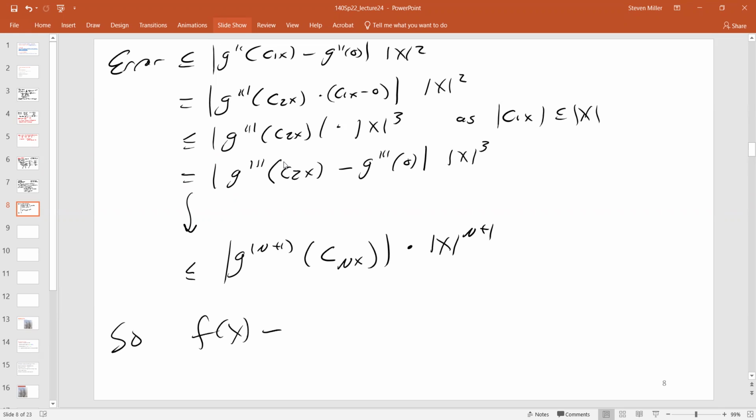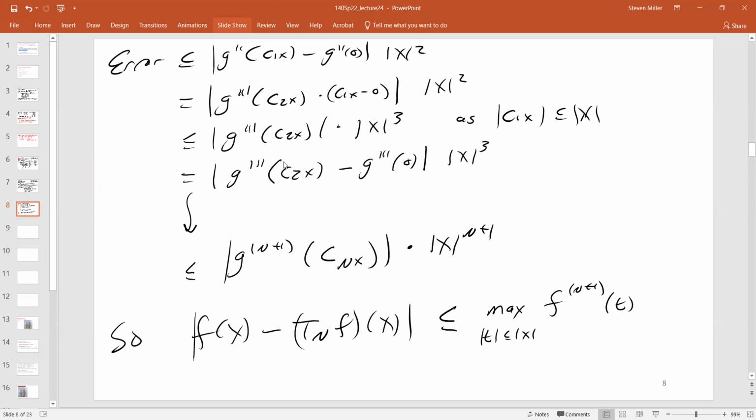So f of x minus the Taylor series is less than or equal to the maximum over, say, t less than or equal to the absolute value of x of the n plus first derivative at t, times x to the n plus 1. So this gives us a really nice control over the size of the error.